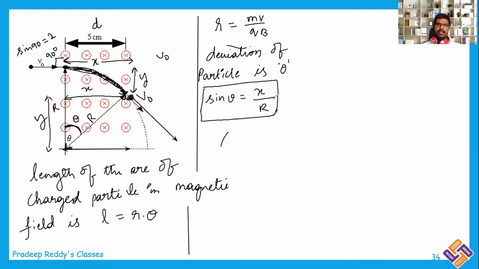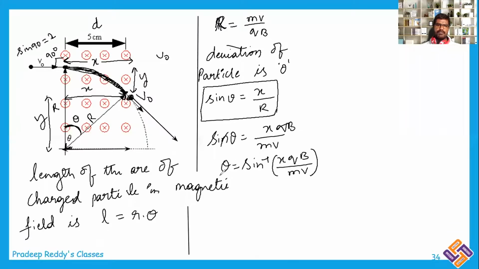We have already calculated r is mv divided by qB. So sine theta is equal to x qB divided by mv, so theta is equal to sine inverse of xqB divided by mv. This is the deviation of the charged particle in the external magnetic field, such that x is less than r.